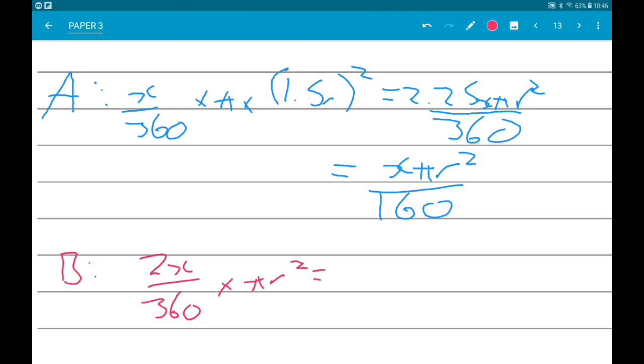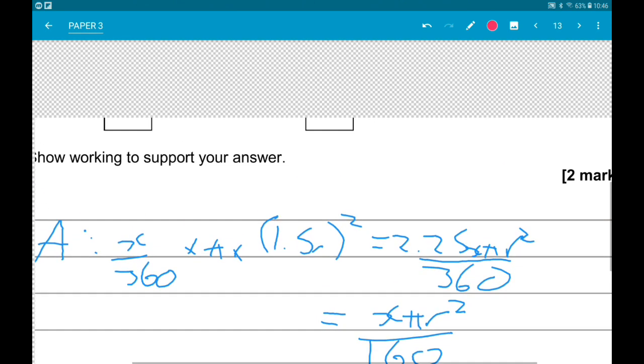Now 2x over 360 simplifies to x over 180, so this is x pi r squared over 180. So both fractions have the same thing on top. 160 is smaller than 180, so the area of A is bigger.